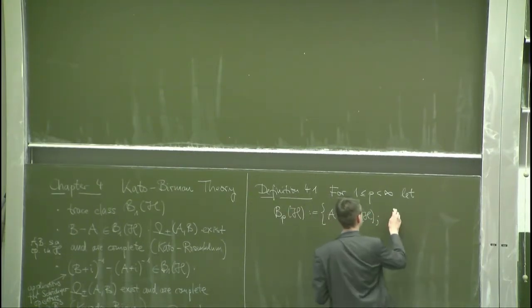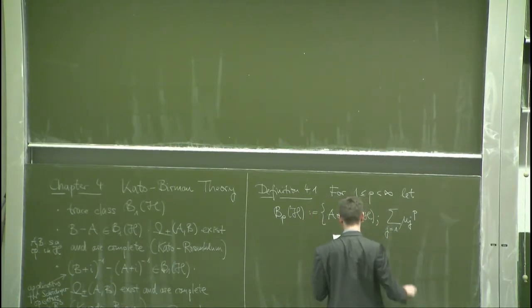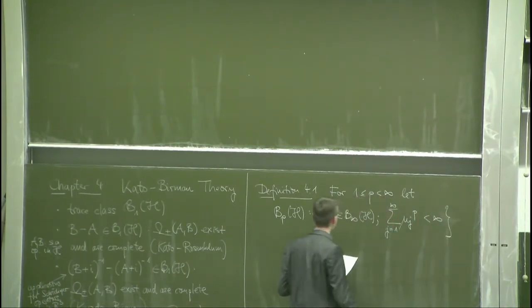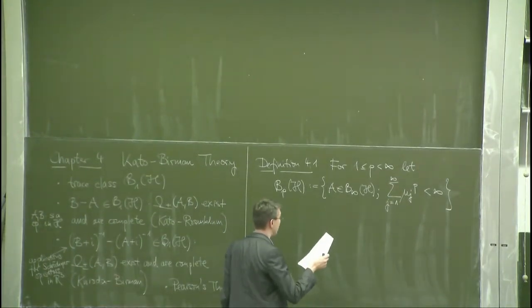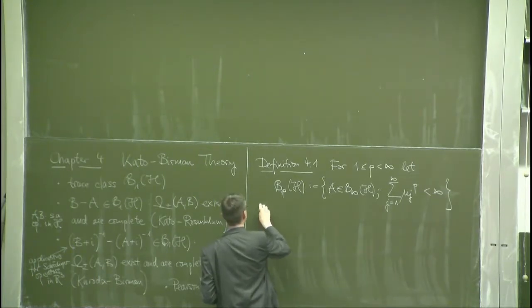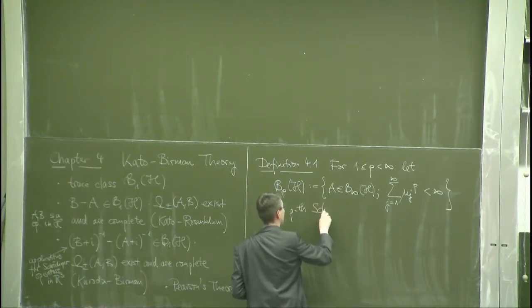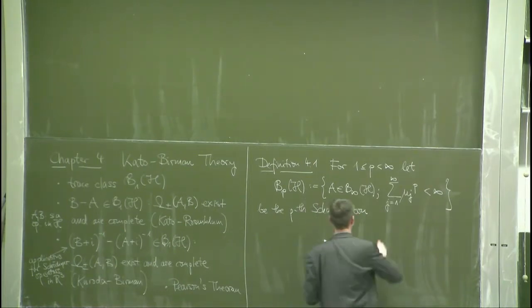such that the sum of the singular values mu j to the power of p for j running between 1 and infinity is finite. We call this class the Schatten-von Neumann class. Let this be the p-th Schatten-von Neumann class.